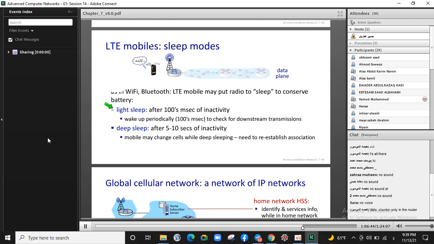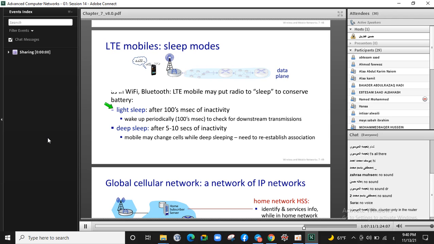We have two different types of sleep in cell phones. The first one is light sleep. In this sleeping type, my device should be off or inactive for 100 milliseconds.